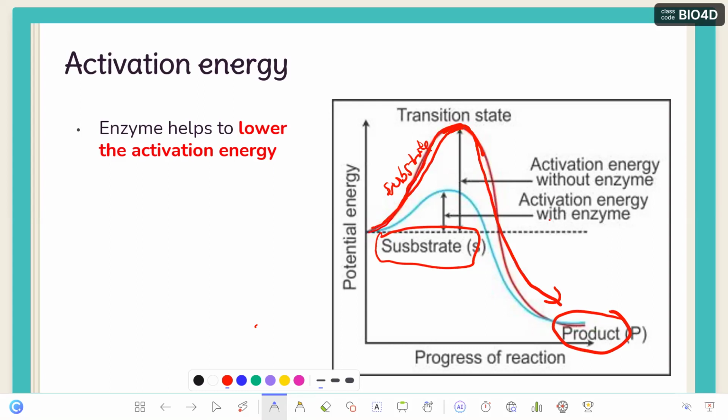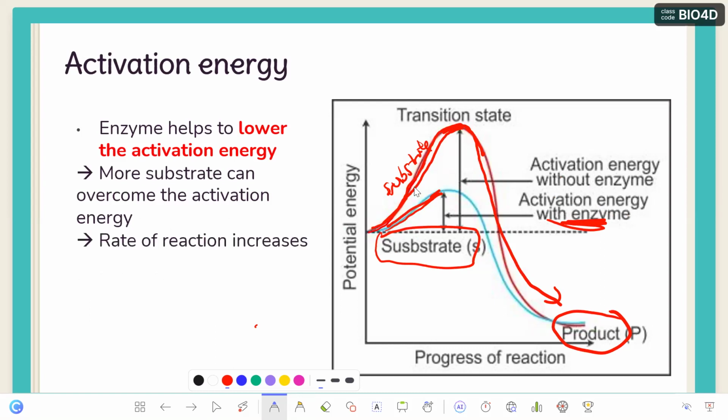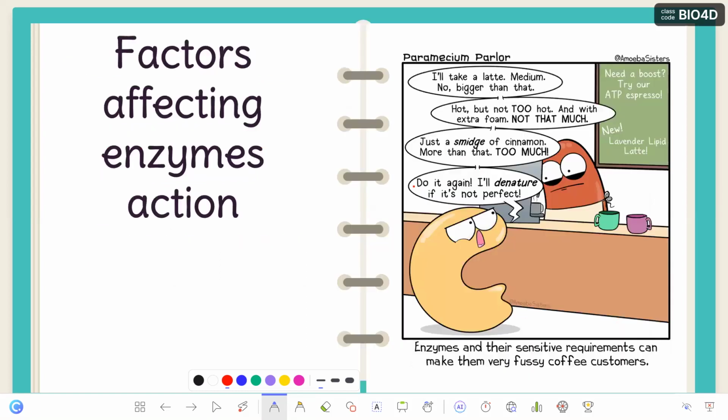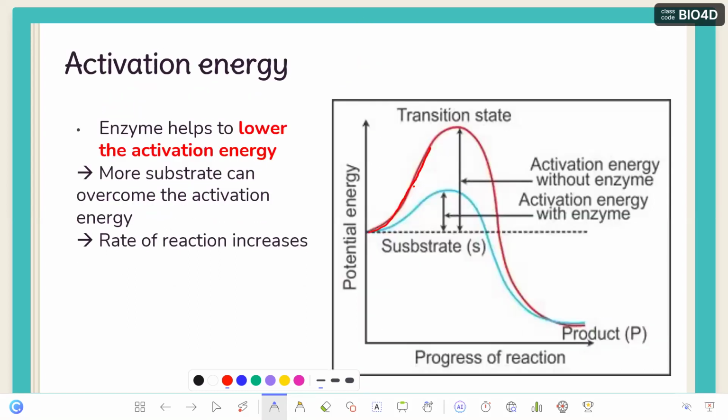But when you add enzyme, the enzyme will lower the energy needed, lower the activation energy, so that a lot more substrate can overcome the activation energy. So the rate of the reaction will increase. All right. Any question on that?